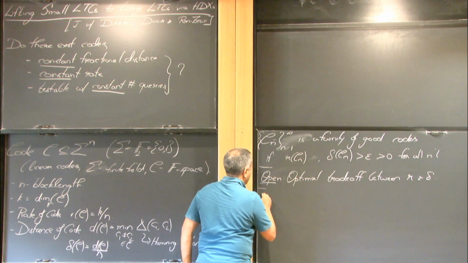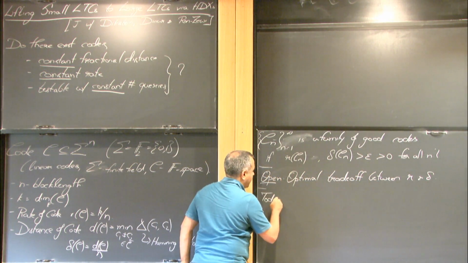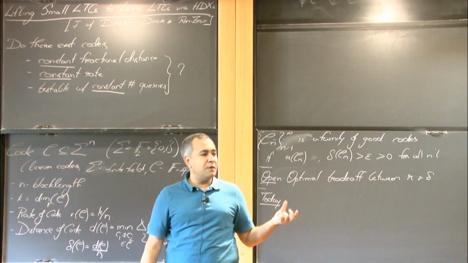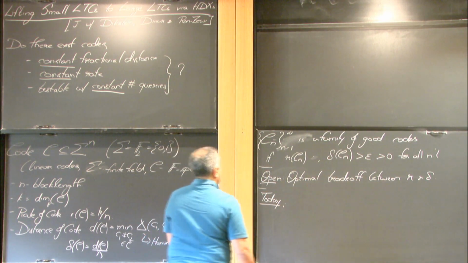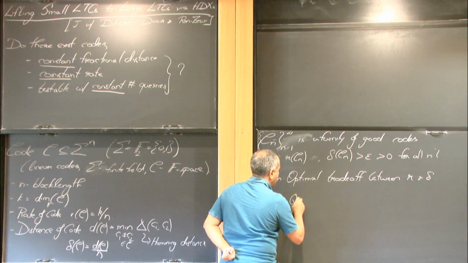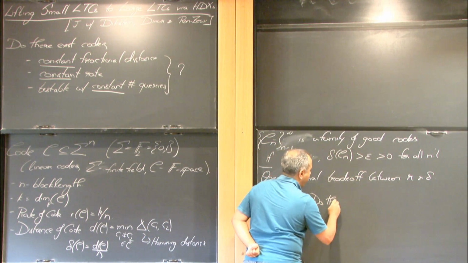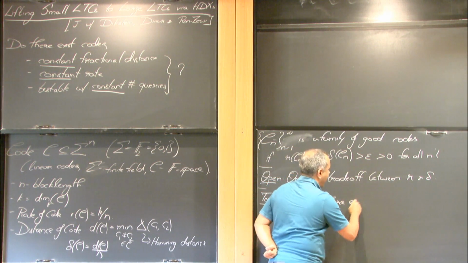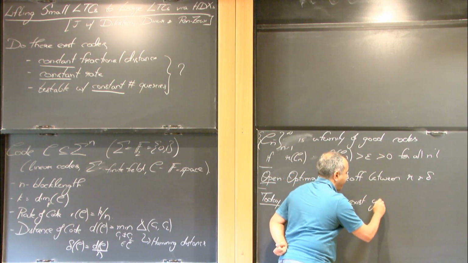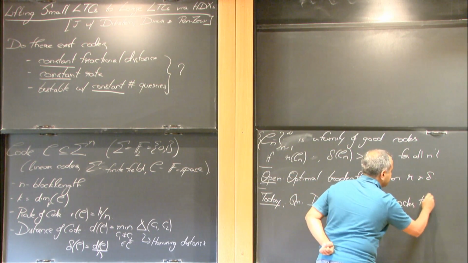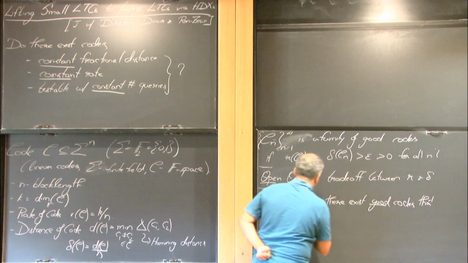But I don't care about the optimal trade-off between R and delta. We're going to add yet another feature to the code and ask: do there exist good codes that are also locally testable?